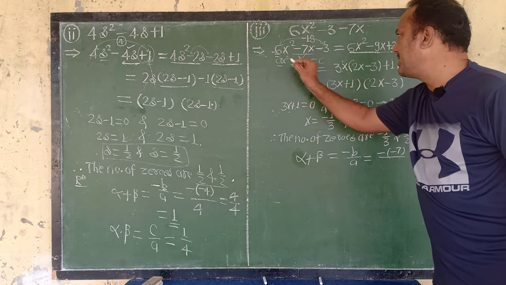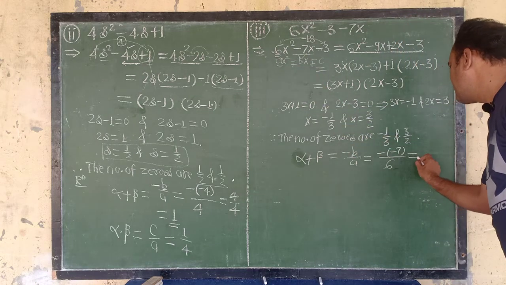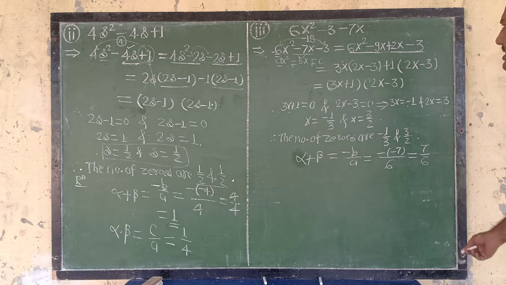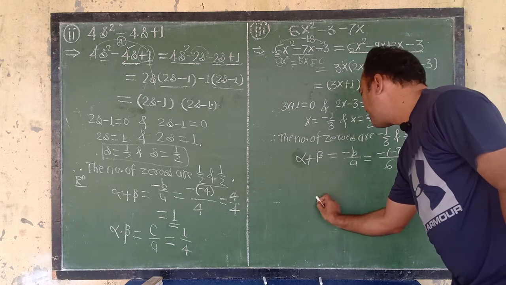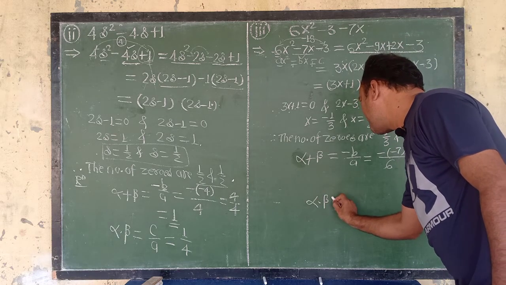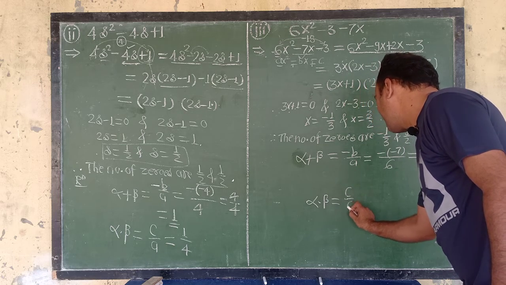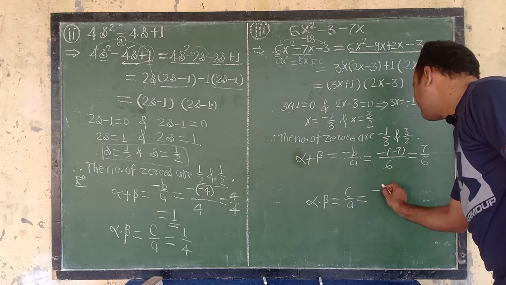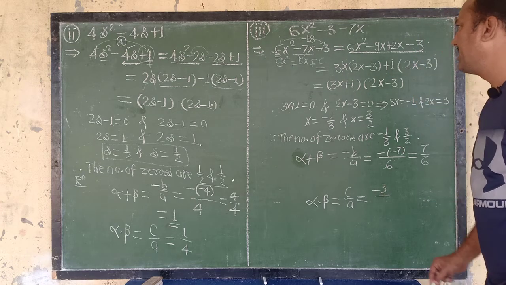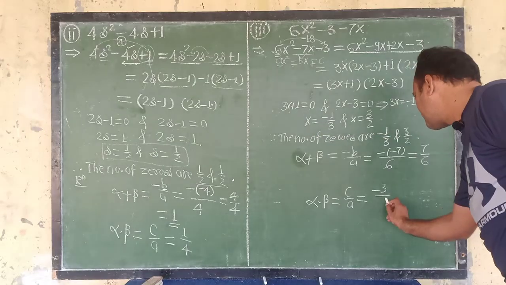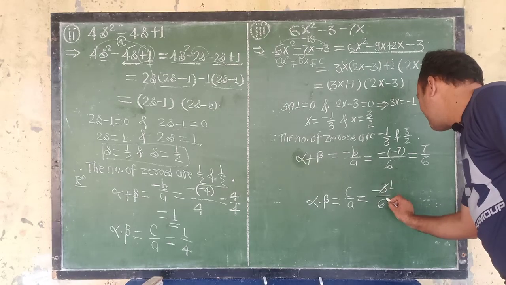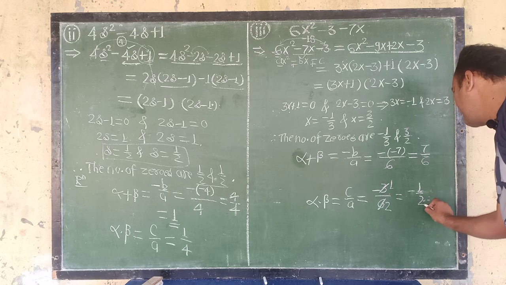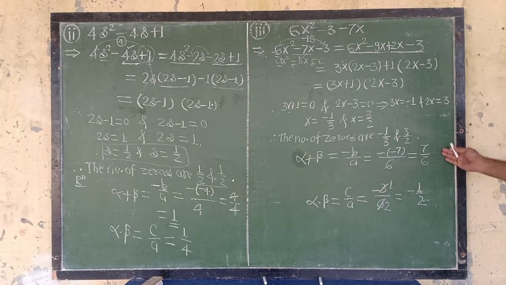The value of a is 6. Then the answer is 7 by 6. And the product, alpha multiplied by beta, is equal to c by a. The constant term is minus 3, and the value of a is 6. If we simplify, we get minus 1 by 2. Then these are the relations.